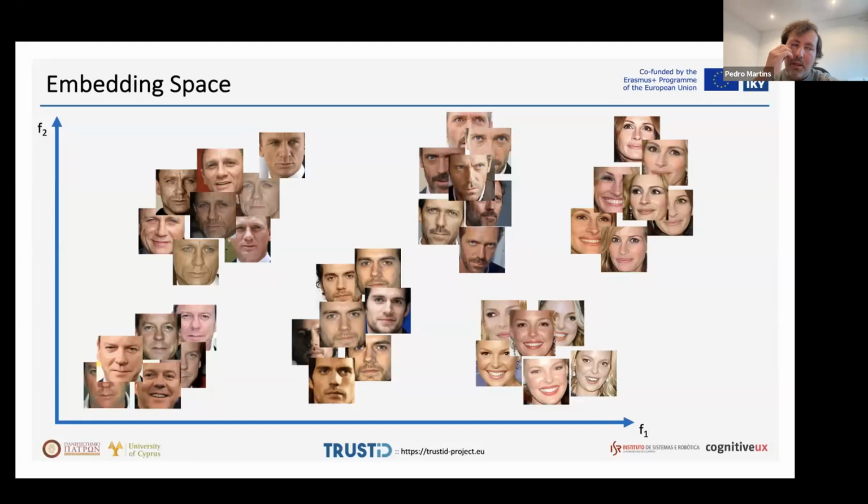But in fact, we are actually using a network that was trained on 3 million images. So we assume that the network was just by itself able to learn its characteristics and is able to make clusters on given facial attributes.